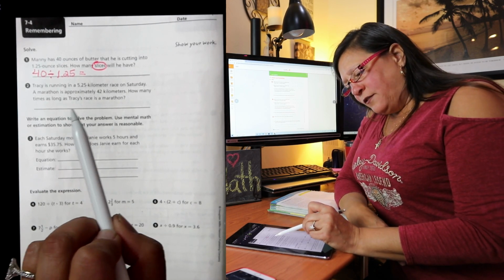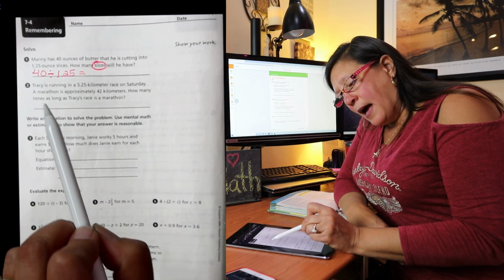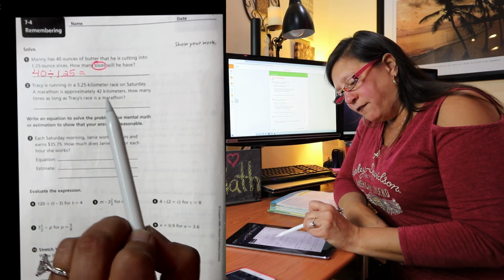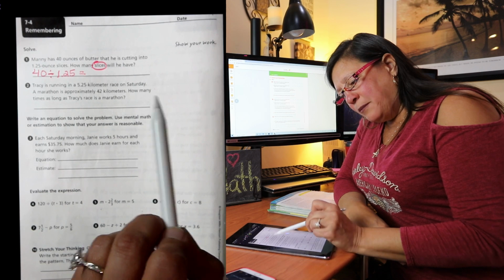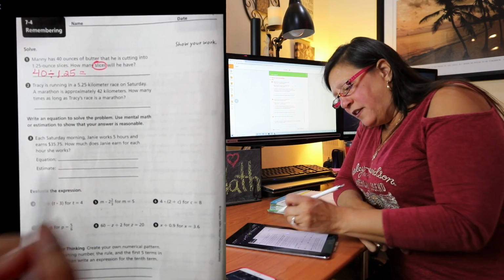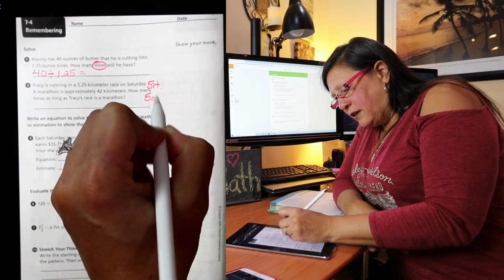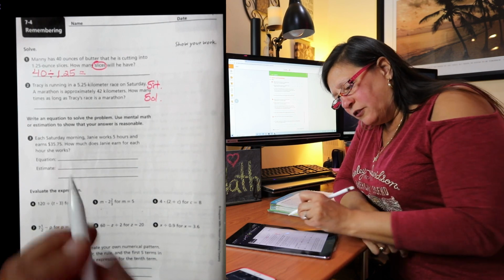Number 2, Tracy is running in a 5.25 kilometer race on Saturday. A marathon is approximately 42 kilometers. How many times as long as Tracy's race is a marathon? Well, this is one of those where it's kind of a situation equation, and then to solve it, we're going to figure out the solution equation.